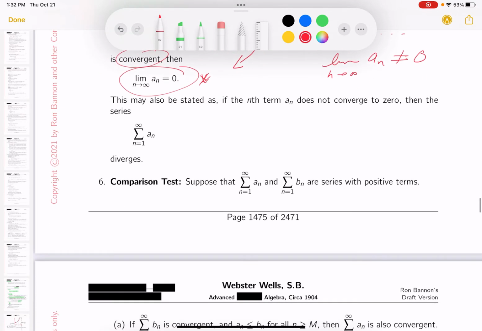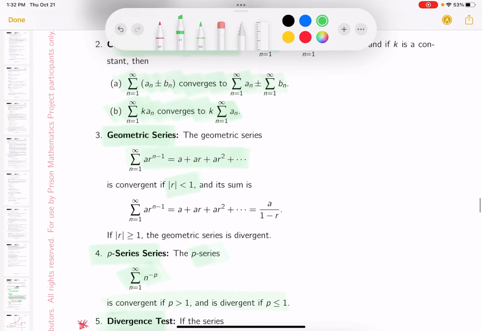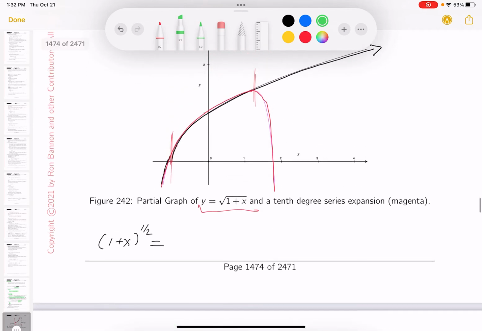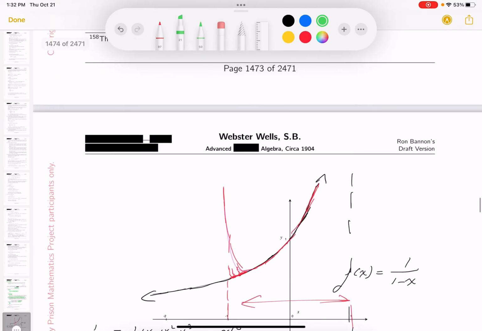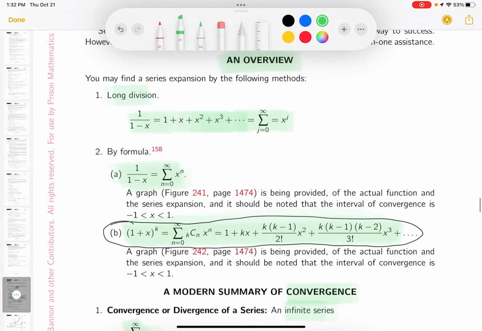Let's keep going. I've got a comparison test over here. The comparison test is nice if you have something to compare it with. This is for positive terms, by the way. A good place to start with a comparison is knowing a series or two. A really good series to know would be the geometric series, this one over here.